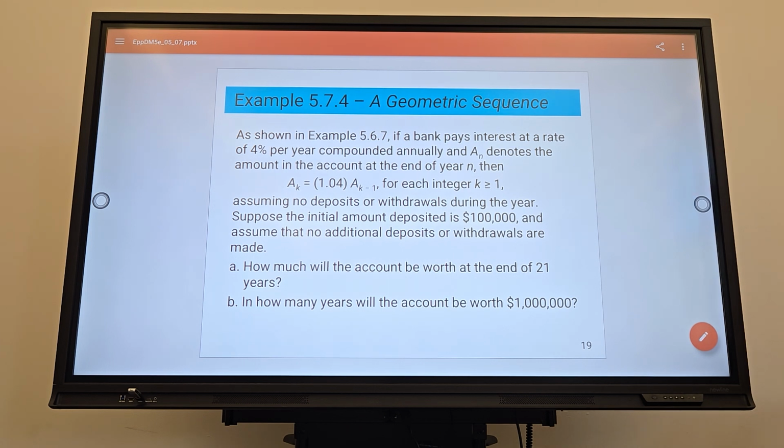Suppose the initial amount deposited is $100,000. Wish somebody would put that in my savings account. And assume that no additional deposits or withdrawals are made. How much will the account be worth at the end of 21 years? And in how many years will the account be worth $1 million?